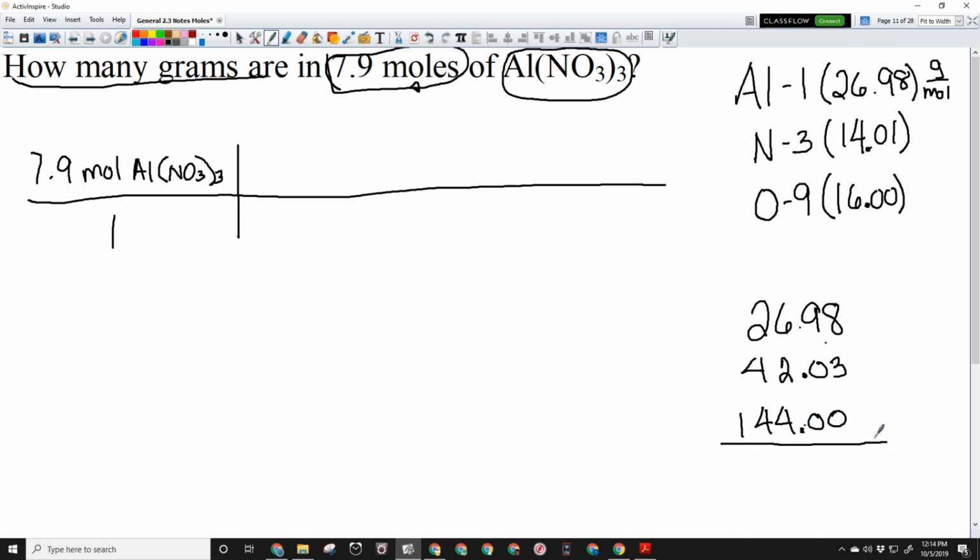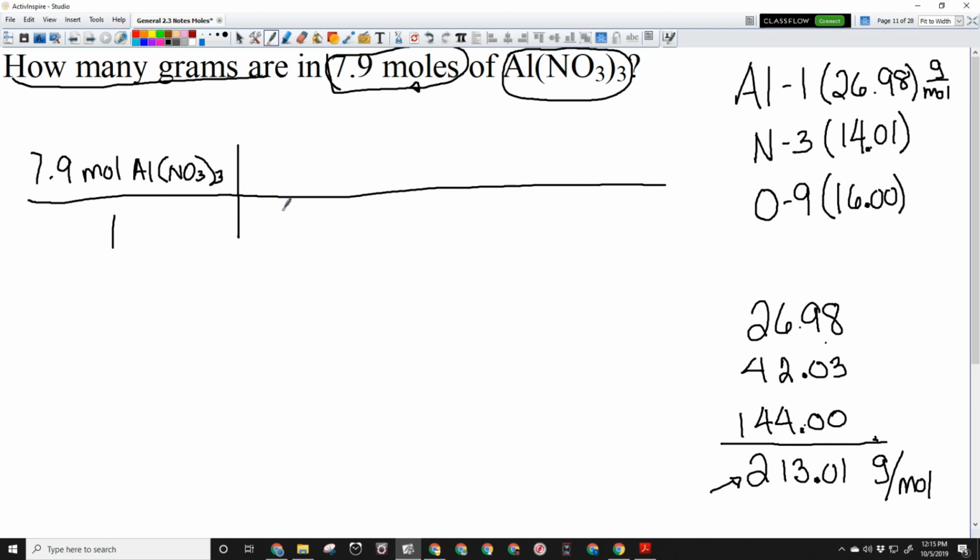Okay, now we need to add these up. We're going to get 213.01 grams per mole. So that means 1 mole of aluminum nitrate is equal to 213.01 grams. All right, so we have our conversion factor set up.